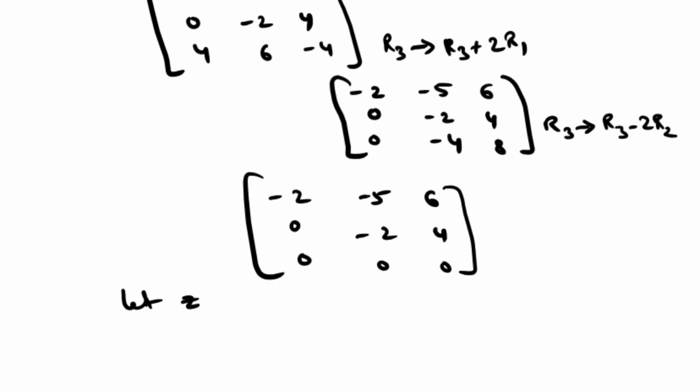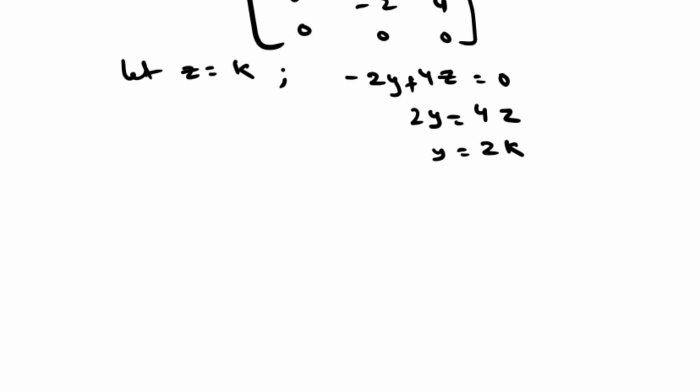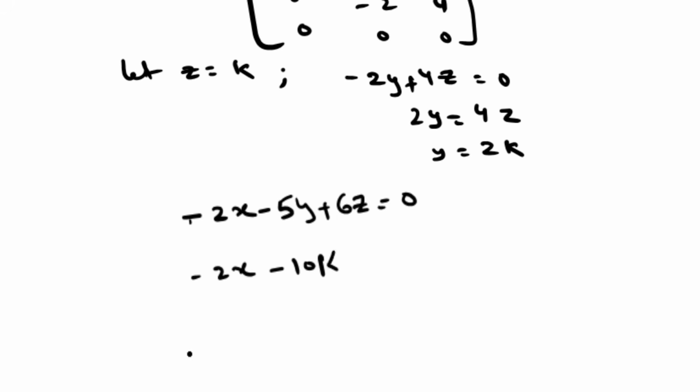Let z equal to k. The second equation is minus 2y plus 4z is equal to 0, so 2y equals 4z, y is equal to 2z, and when z equals k, y will be 2k. The equation 1 will be minus 2x minus 5y plus 6z is equal to 0.